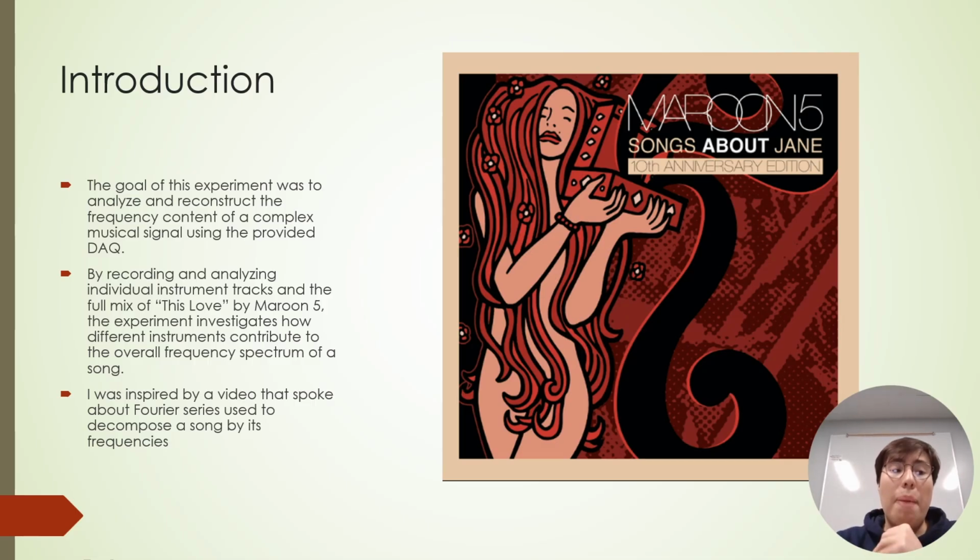And how could I apply that? I thought of this song that means a lot to me. I really like this song by Maroon 5. It's called This Love. And online, I was able to find bits and pieces of the part of the song that I enjoy the most, in the different instruments, so like vocals, drums, guitar one, guitar two, bass, the piano, keyboard, and all of that.